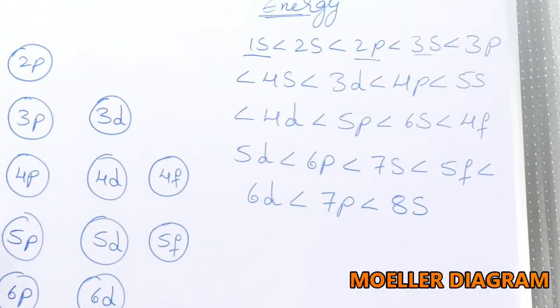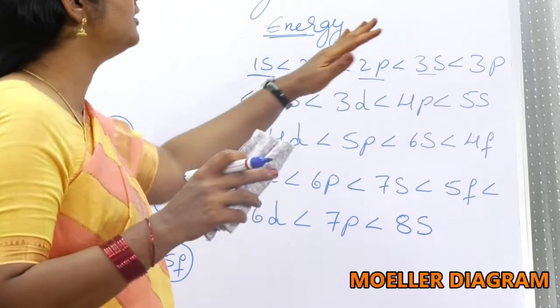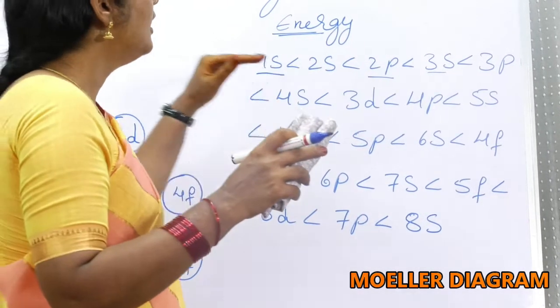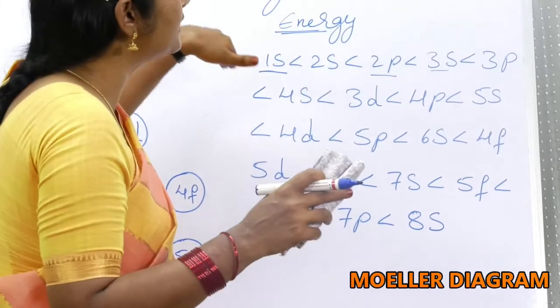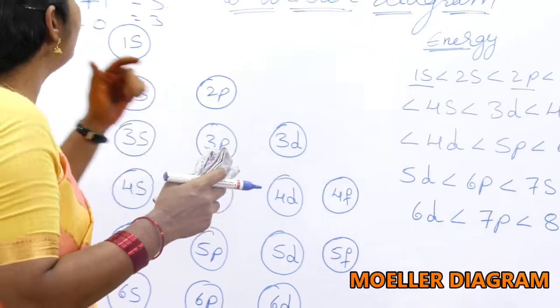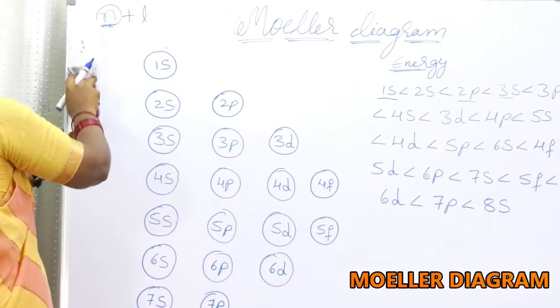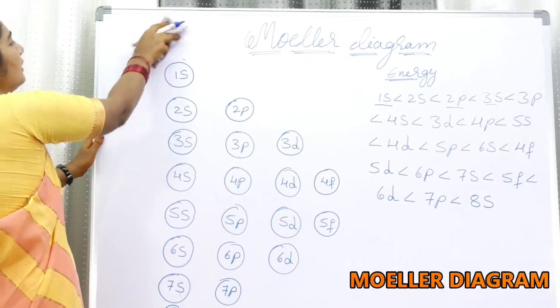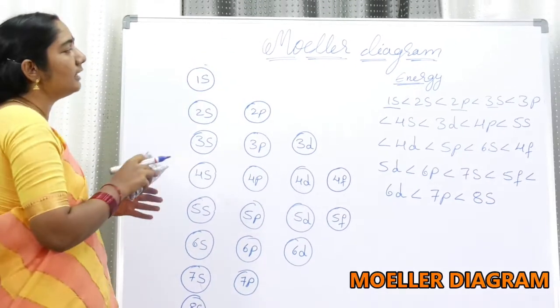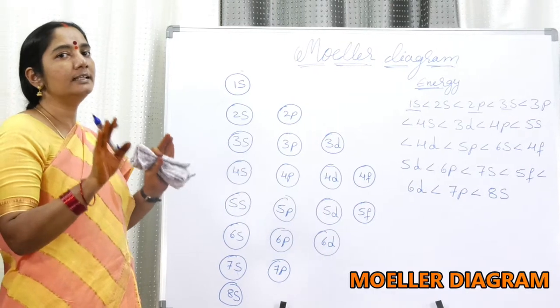So, my dear friends, this is the ascending order of the energy. As we keep on moving, the energy is continuously increasing. When we are writing the electronic configuration, we should always try to see that the electrons have the least energy possible.